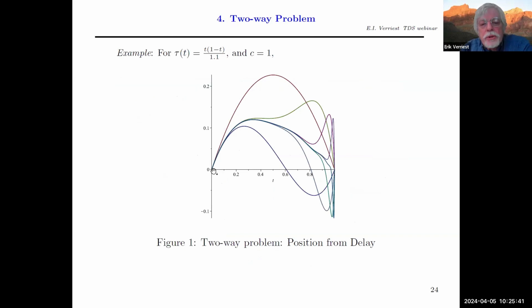Here is an example. So I assume here that the observed time delay is this parabola. And I assume that you have the pinning condition that I know that at time zero, the position was exactly at zero, and then with also zero time delay. And then from this delay function, I try to infer the position. Well, you see that the position is given by this lopsided arch here.